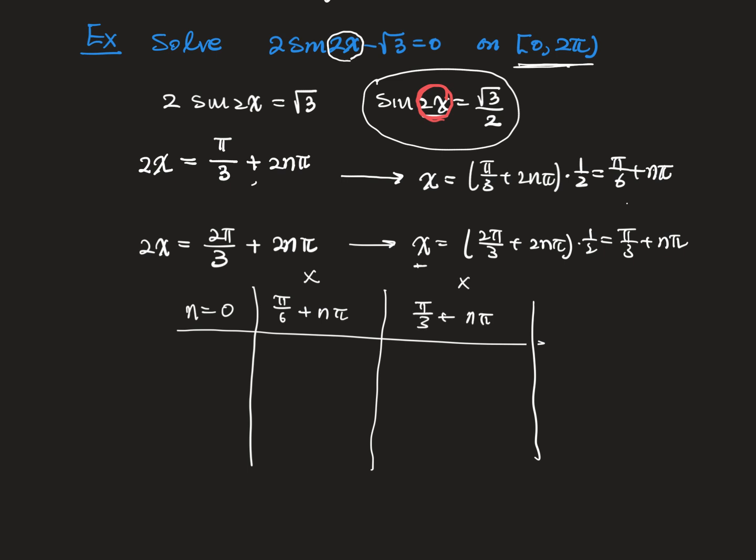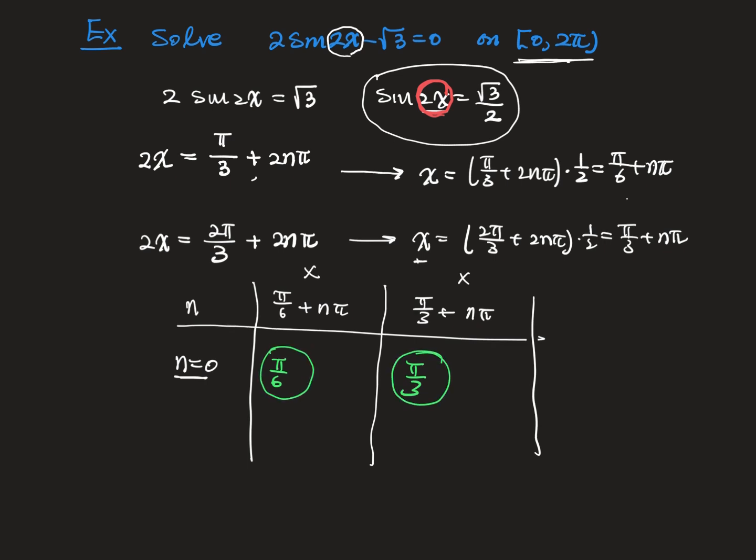Let's start with n equals 0 and plug in here. Pi over 6 plus 0 times pi is pi over 6, and pi over 3 plus 0 is pi over 3. That's the first answer: pi over 6, pi over 3.